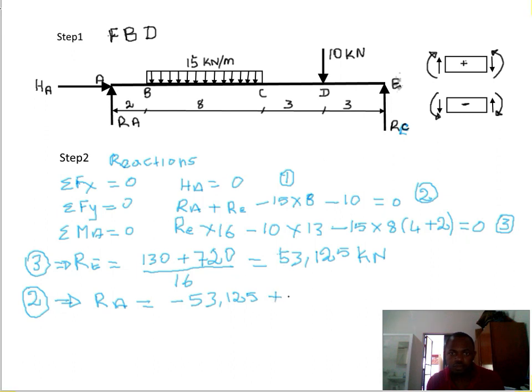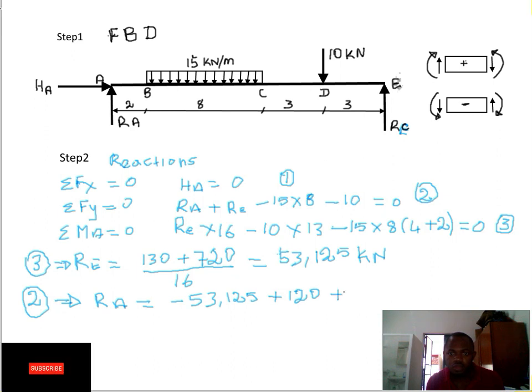Plus 15 times 8, which equals 120, plus 10.